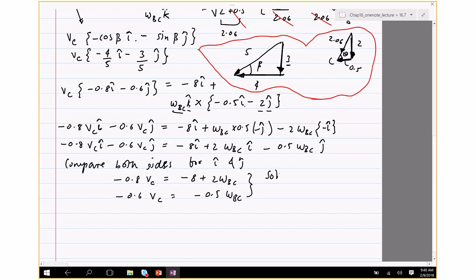So solving these two equations, omega BC is 3 radians per second, VC equals minus 2.5 meters per second.